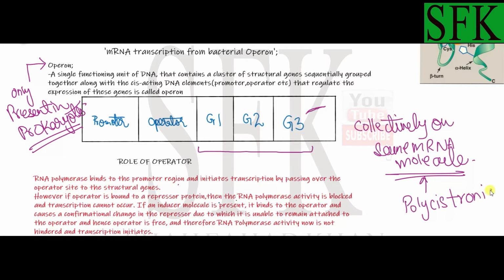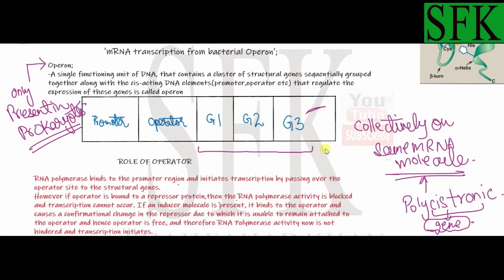Cistron means a gene, so polycistronic means containing codons for multiple genes. Whereas in eukaryotes, since they don't have operons, they do not contain a functioning unit controlled by the same operator and promoter.